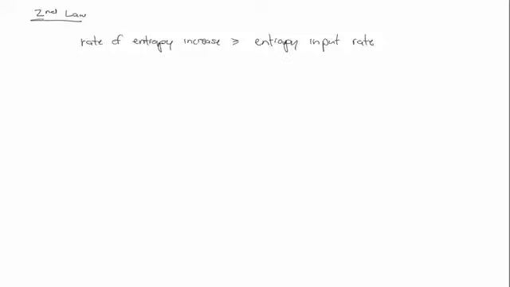So the total entropy in a system would be something like this, where this little s is the specific entropy, and that's the entropy per unit volume. So this is the total entropy. And of course then, we're interested in the rate, so we want to take the time rate of change of that. And that's got to be greater than or equal to the entropy input rate.